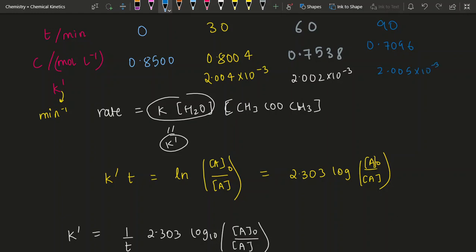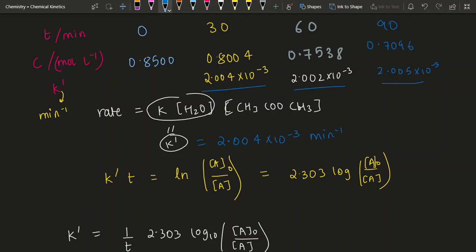So if you see carefully, the k dash is essentially constant. It's just fluctuating near a certain value. So you can take the k dash to be approximately equal to 2.004 into 10 to the power negative 3 minutes inverse.